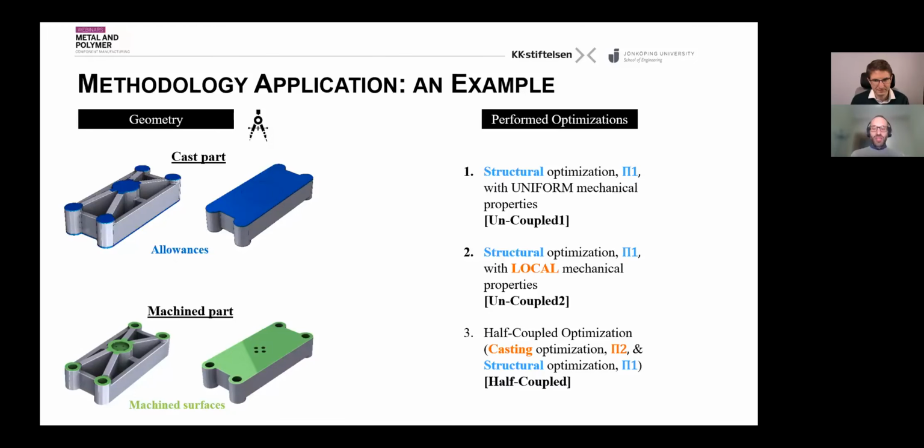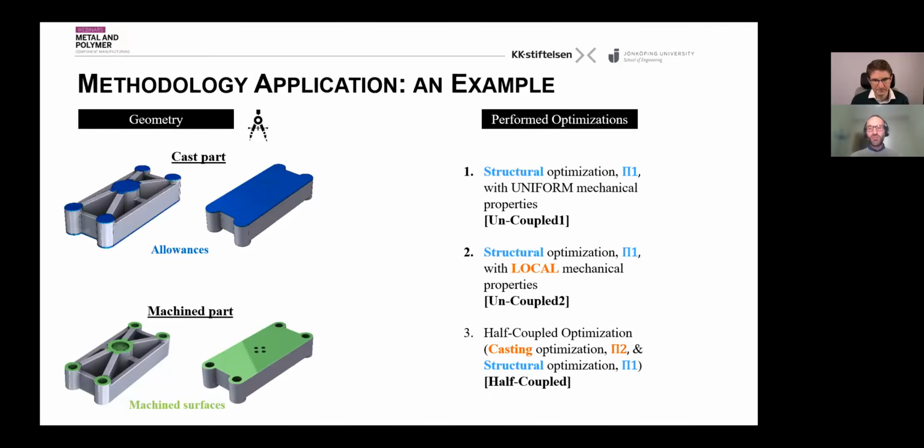We performed, as we mentioned, 3 steps. The first was just the structural optimization with uniform mechanical properties: both the stress-strain relationship and the strength were considered homogeneous in all the cast part.